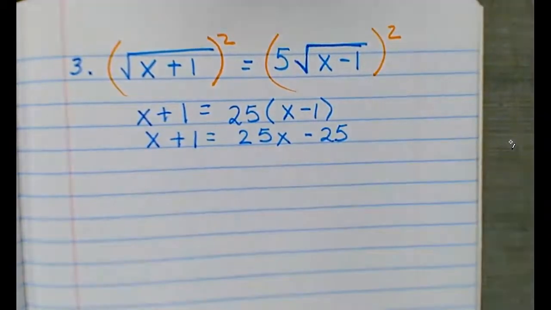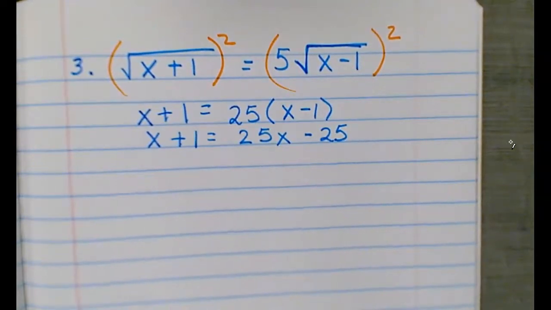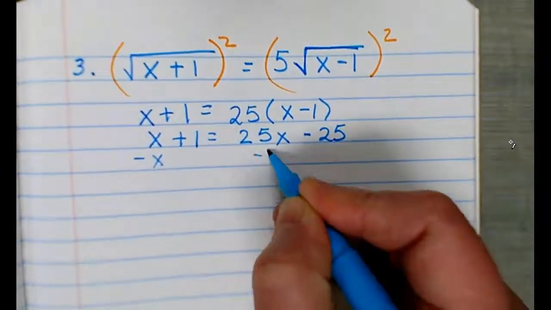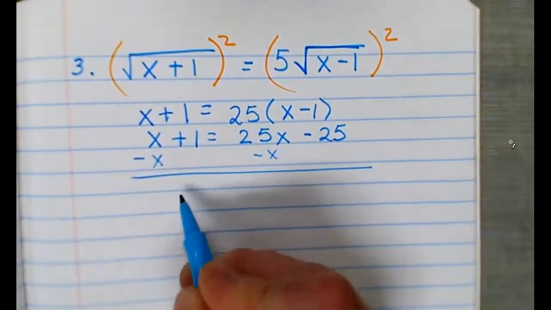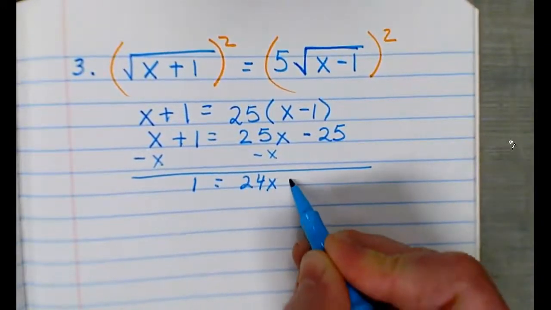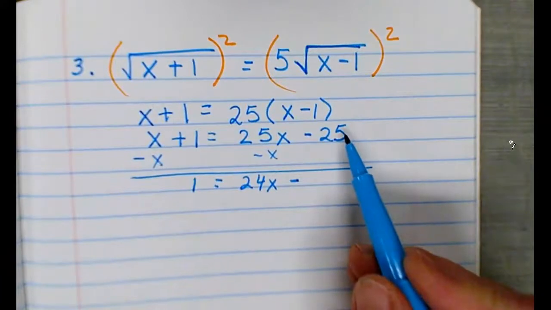Now, on the previous problem, I had a quadratic equation so that I had to make it equal to 0 and solve it. Is this a quadratic equation? Do we have any x squareds here? No, so I just need to combine like terms, subtract x from both sides. 24x minus, ooh, this is going to be ugly, isn't it?